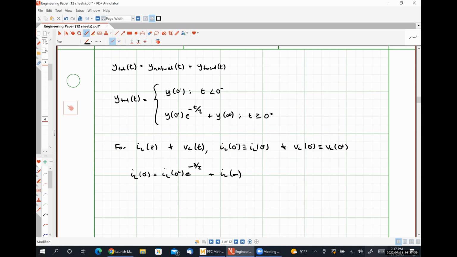We would get a very similar result for our capacitor voltage, which is only true if our forcing function is 0, the case that we've been dealing with.